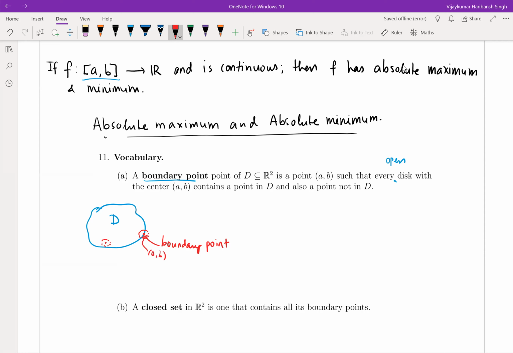No matter what size disk you draw around (a, b), it will always have points which are inside D, coming from this part here, and points which are not in D, coming from here. Such a point is called a boundary point of set D.